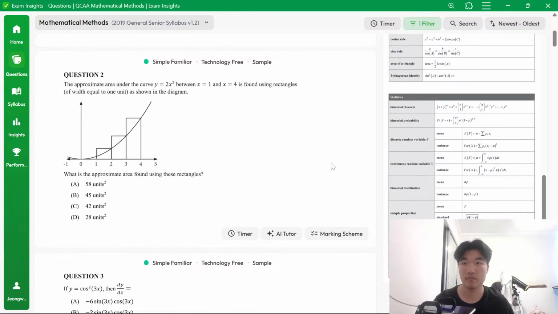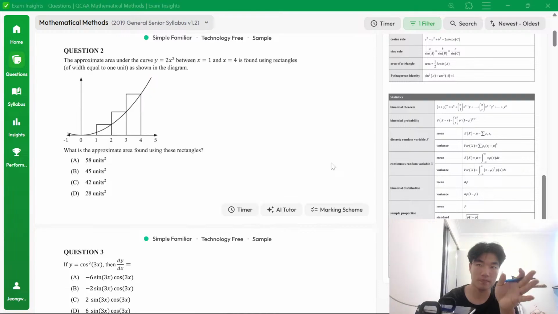The approximate area under the curve between x equals 1 and x equals 4 is found using rectangles. What is the approximate area? Okay, the corners of the rectangles are determined by the y value on the right corner.